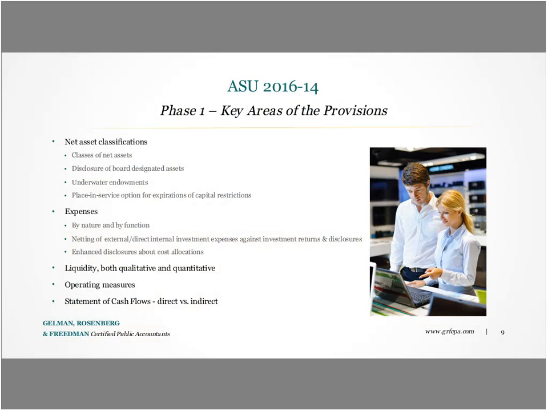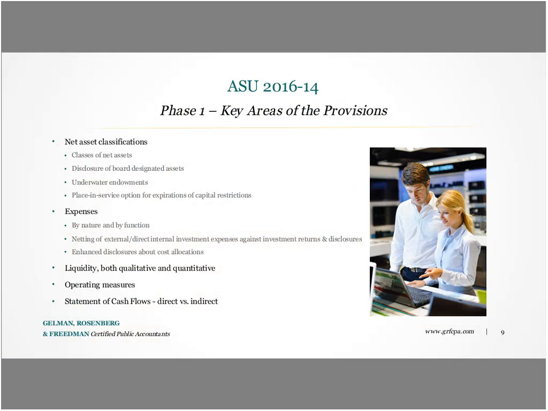And you see from this particular slide the key areas of the provisions. The first key area is under net asset classifications. Again, the classes of net assets will go from 3 net asset classes to 2. Additionally, there will be disclosure of board-designated assets.